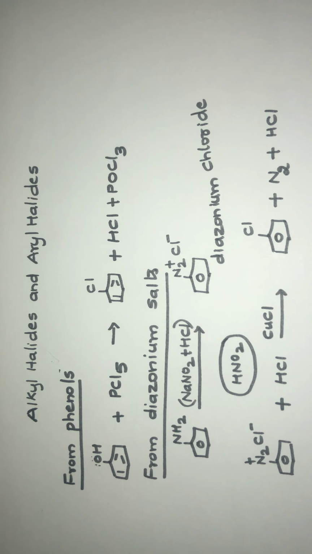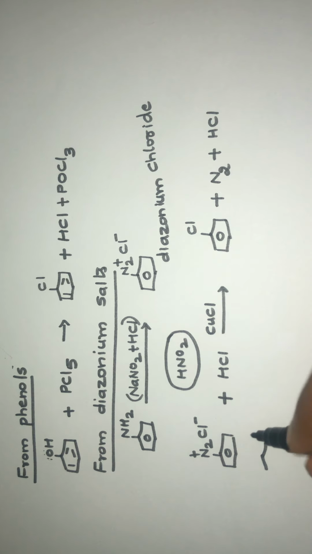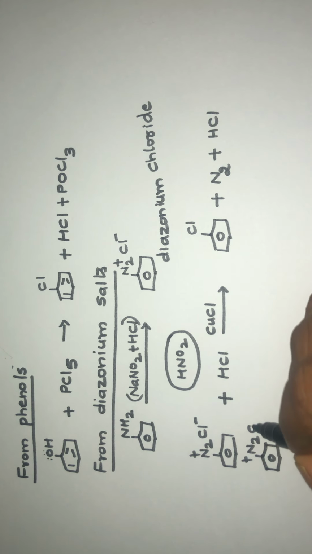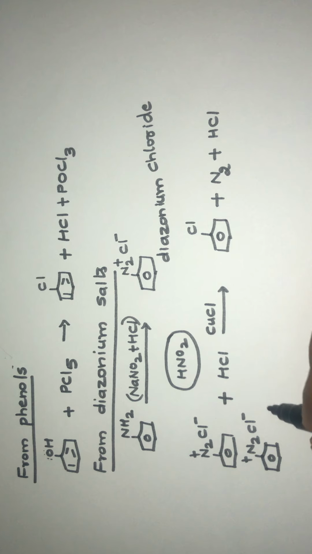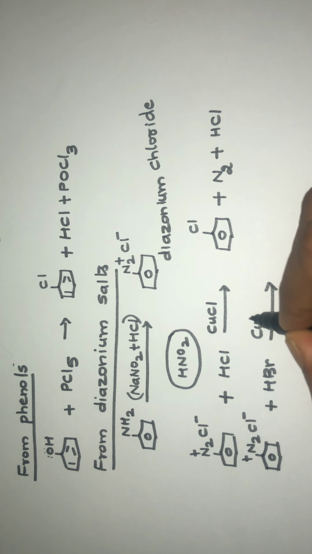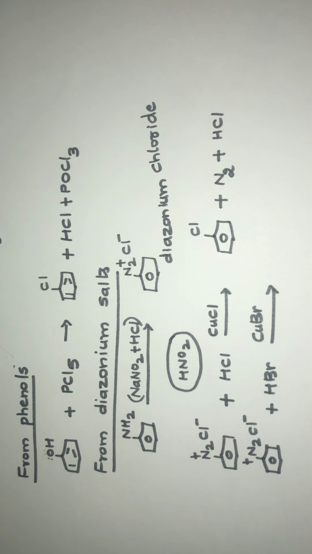Now, if you want to substitute it by bromine, you have the diazonium salt N2+ Cl-, and you treat this with HBr in the presence of cuprous bromide and the corresponding halogen acid.